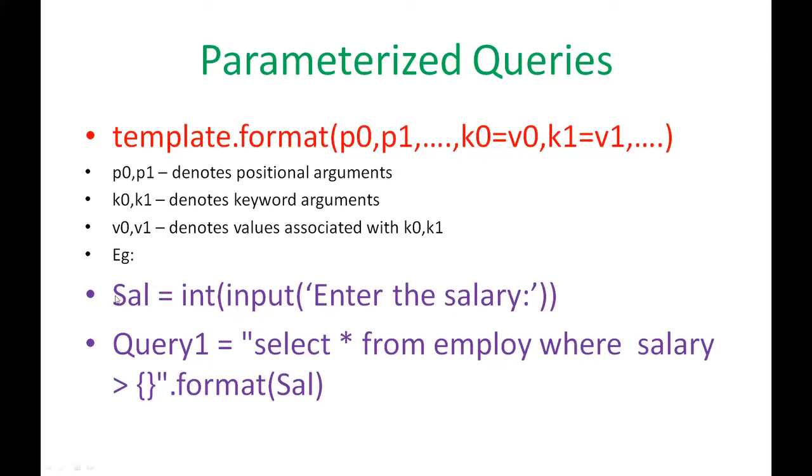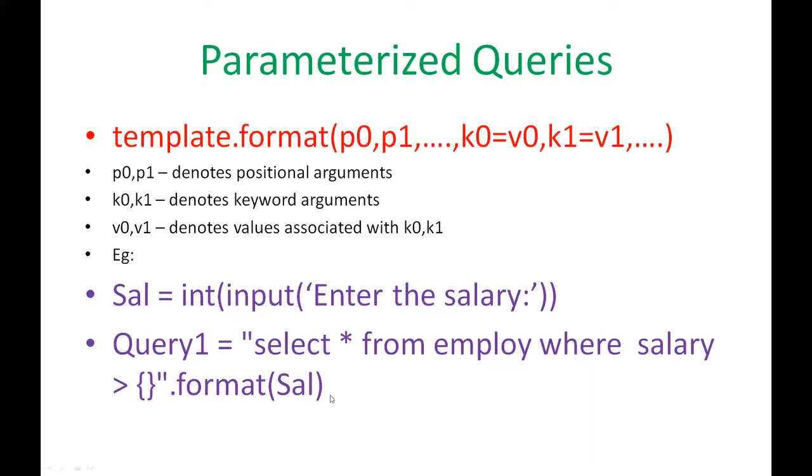Here is an example. Sal is equal to input. Here, sal is the keyword argument, that is, the salary you are going to select. This is the keyword argument, and the value is what I am going to get as input.